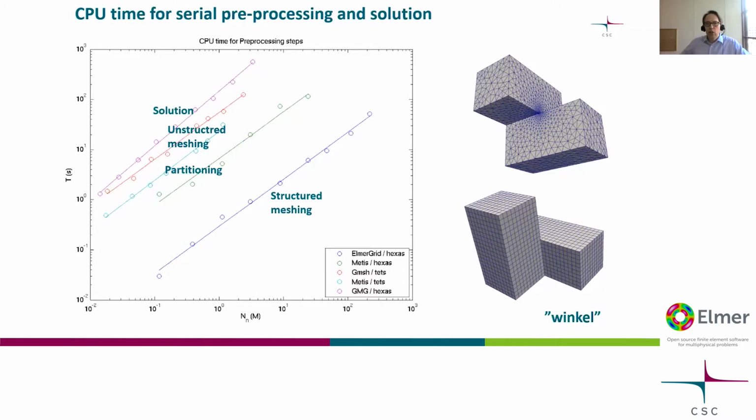The unstructured meshing in GMesh takes a further little bit more time, and the solution usually takes most of the time. So when you start to resolve the bottlenecks, you typically start from the one that consumes the most of your CPU time, which is of course the solution. But if you have a very large problem, then also meshing may become a bottleneck, etc. But the key line here is that these all almost scale linearly.